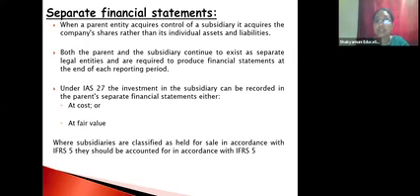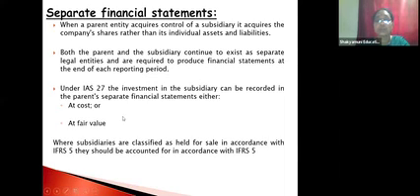In some cases, see the last para, where the subsidiaries are classified as held for sale, that means we are going to sell our investment in subsidiary, then we have to comply with IFRS 5. This also we will discuss in a separate chapter, IFRS 5, investment held for sale. We have this IFRS 5 chapter in our F7 syllabus, and we will also discuss it in our revision classes.